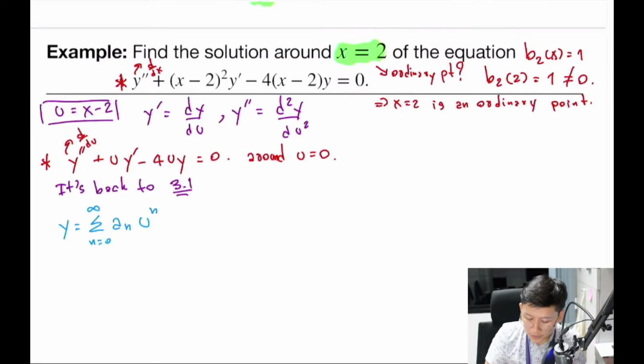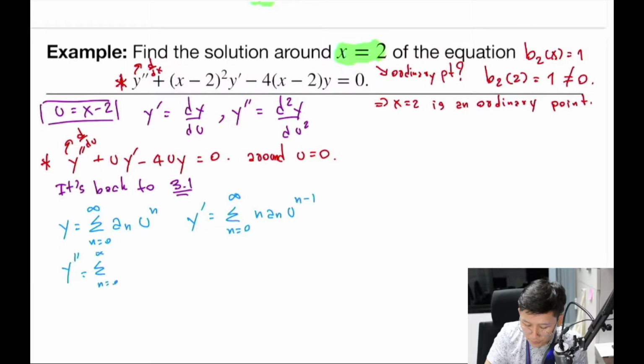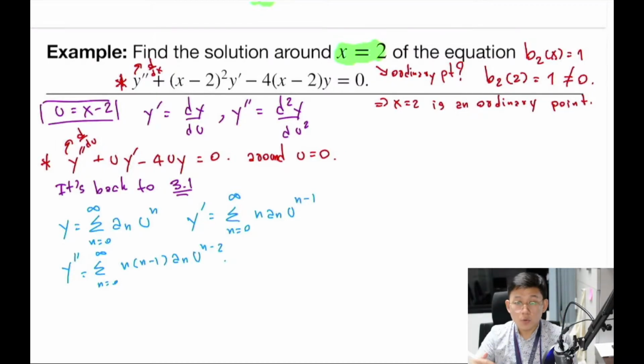So we have that y prime would be sum n from 0 to infinity n a_n u to the n minus 1, and y double prime would be sum n from 0 to infinity n times n minus 1 a_n u to the n minus 2. After that, we put all of these into this equation, right?